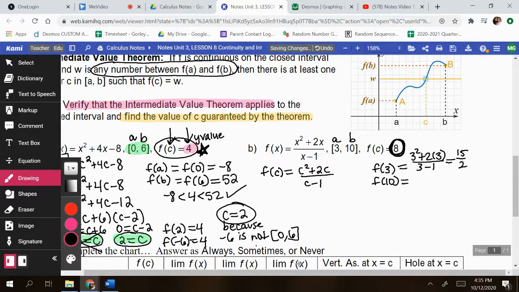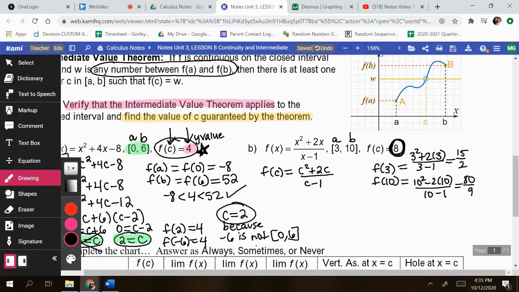And then if I plug in 10, we'd get 10 squared plus 2 times 10 over 10 minus 1, which is what? 100 plus 20, and so that's 120 over 9. What does 80 over 9 reduce to? Nothing. It's just 80 over 9.